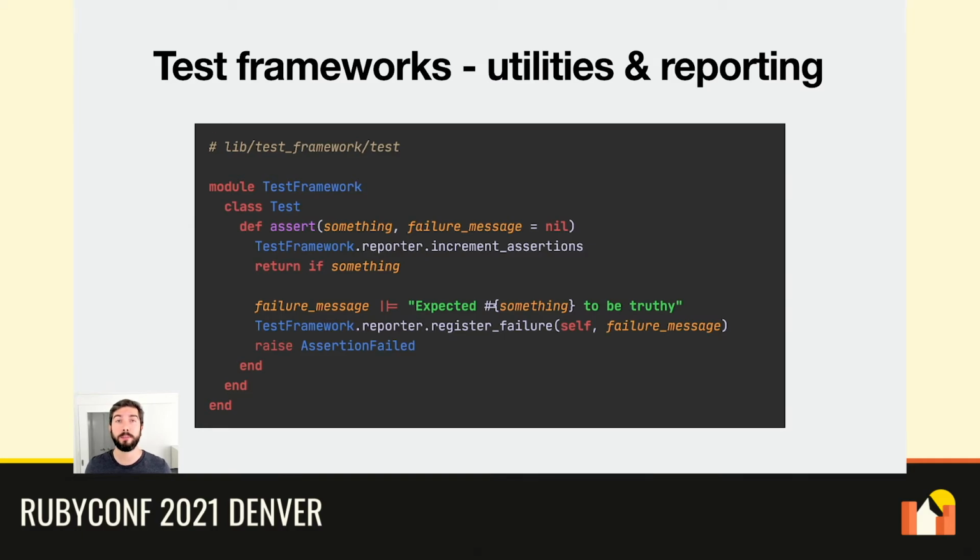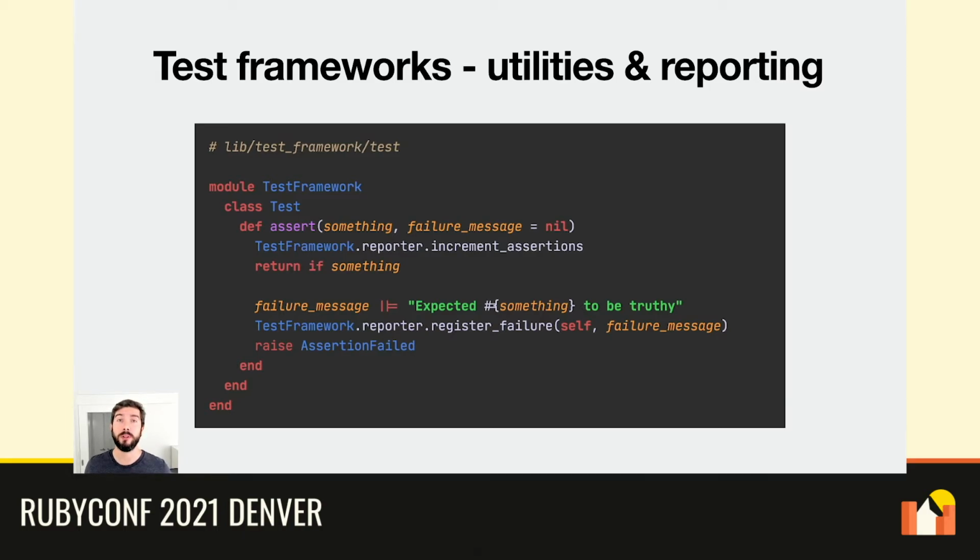If the assertion does not pass, then we need to be able to register the failure. And whatever we register the failure with is the information that's going to be available for us to display a summary at the end. So here we're using the current instance of the test class and a custom failure message. And then at the very end, we are raising a custom error class.